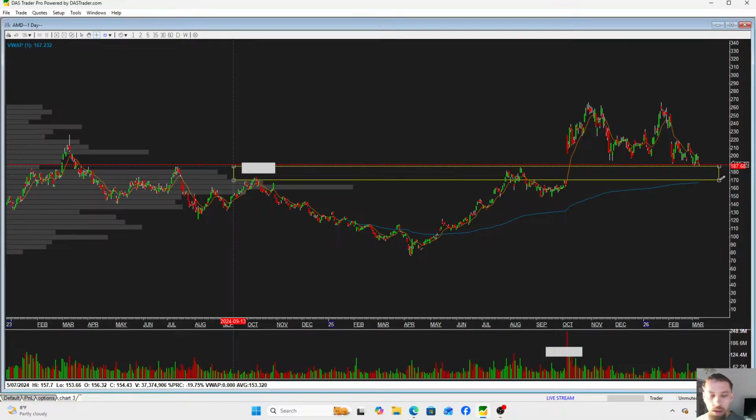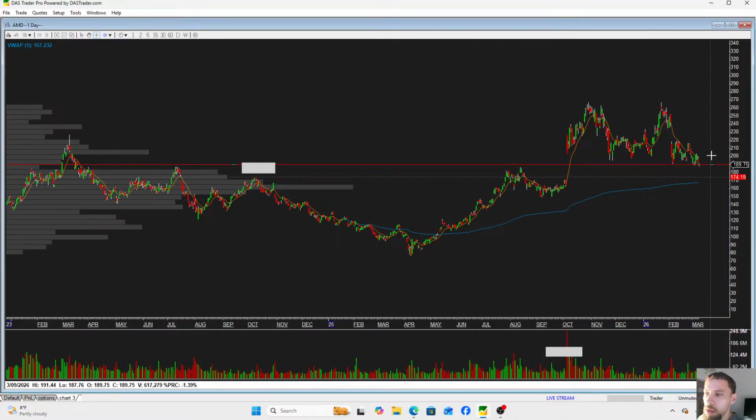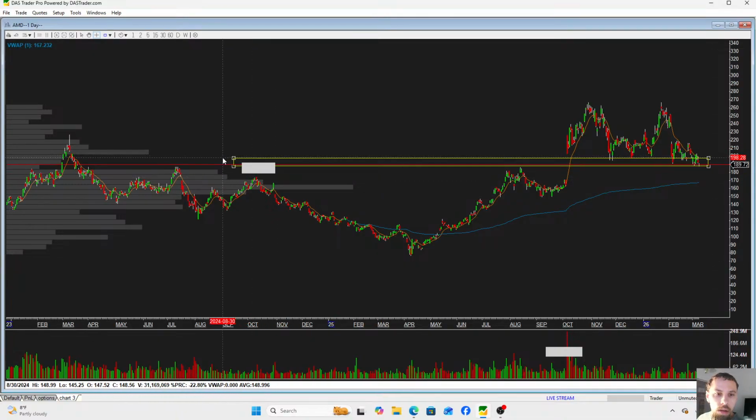So draw our area of support and resistance, or excuse me, area of support, another area of support. Let's actually swing that up. I think that's good.